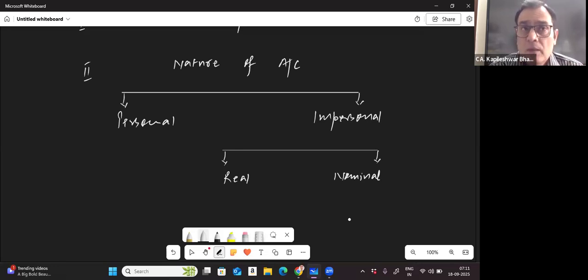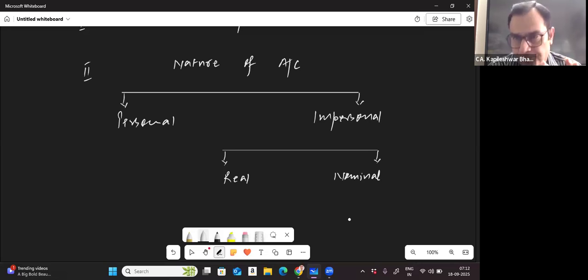That is a personal account. What is important is that it relates to a person. If it doesn't, then it is impersonal. Assets are generally real accounts, something you can see or feel, tangible or intangible. And all income and expenses are nominal accounts.